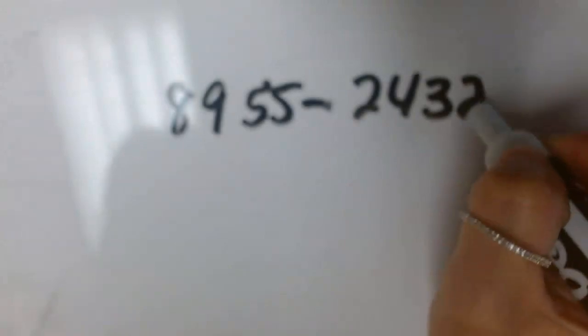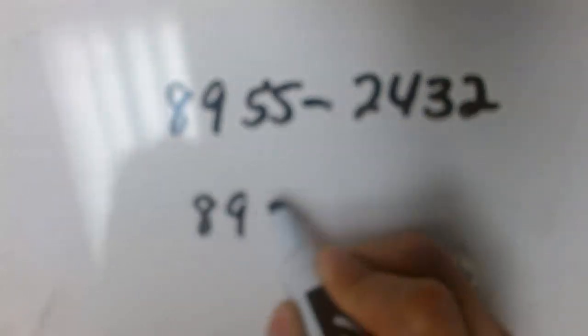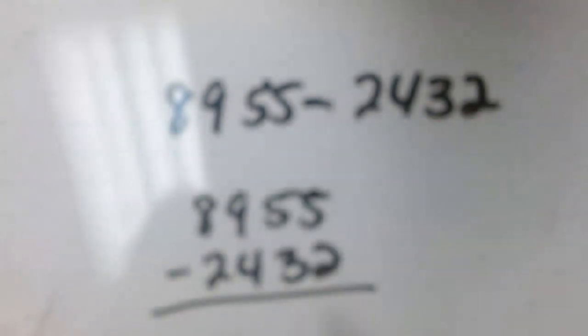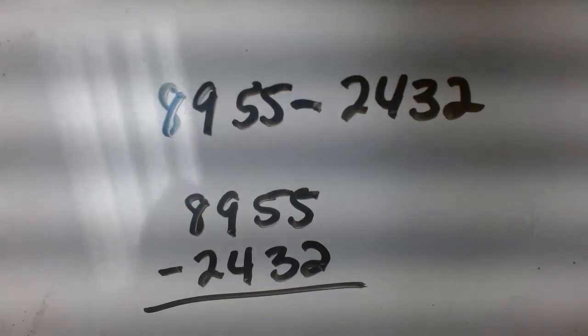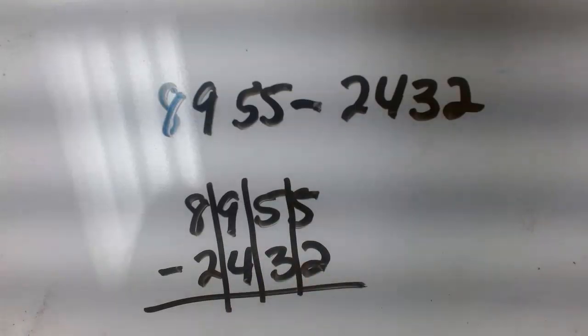If the book or your assignment says subtract that number minus that number, we're still talking about ones, tens, hundreds, thousands, lining them up. So here's how I would line those up. We've already lined up our ones, tens, hundreds, and so forth, right?